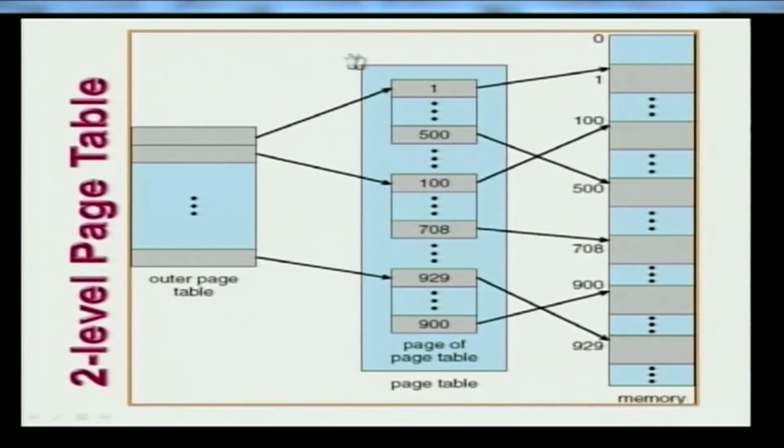The set of addresses or bits which correspond to the page entry in a page table is now divided into two different entries, and the higher entry corresponds to an outer page table, and from the outer page table an inner page table is identified. Every entry in the outer page table corresponds to one inner page table, and if this is identified as the entry in the outer page table, the corresponding inner page table is loaded and the entries are accessed. This is how a 2-level paging scheme works.